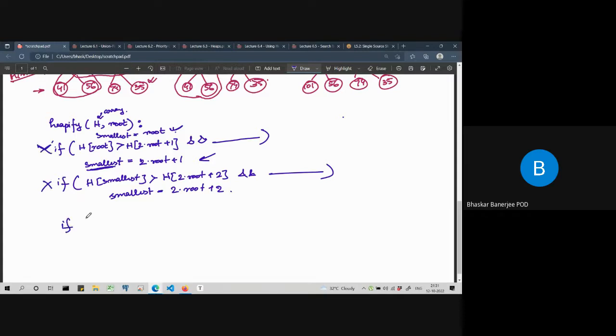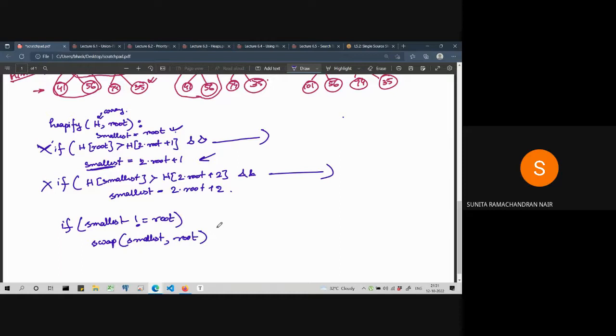If my smallest is not equal to root, that means it's a valid case. That means root is a larger number and my heap property is violated. The children nodes are actually smaller. So what I would do in this case is swap smallest and the root.